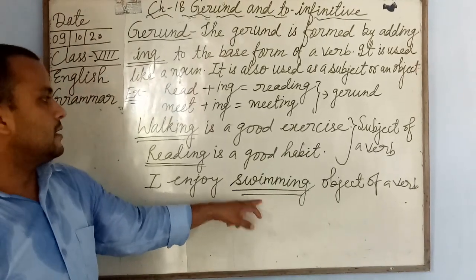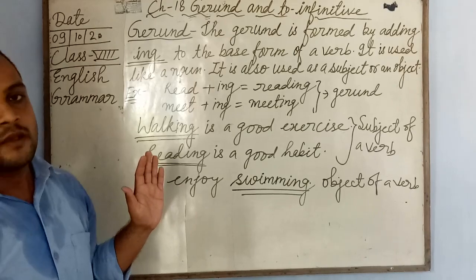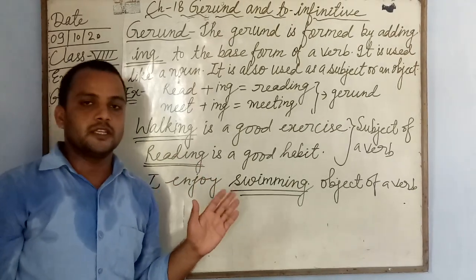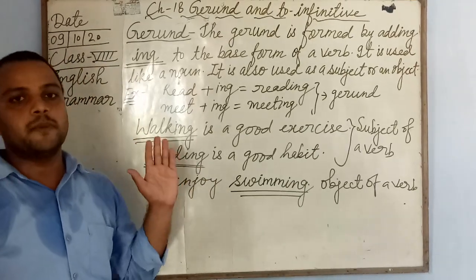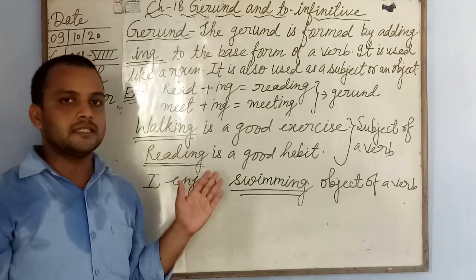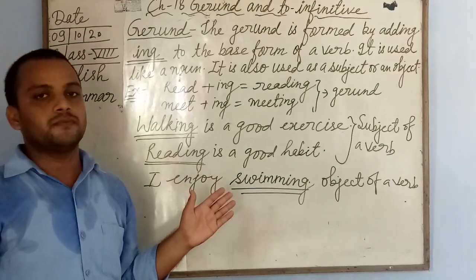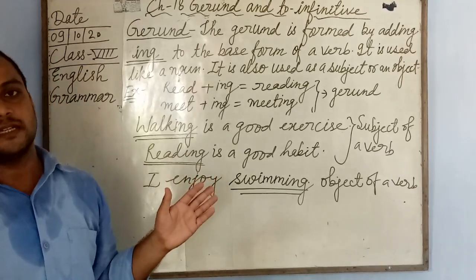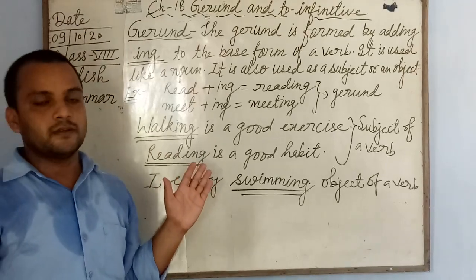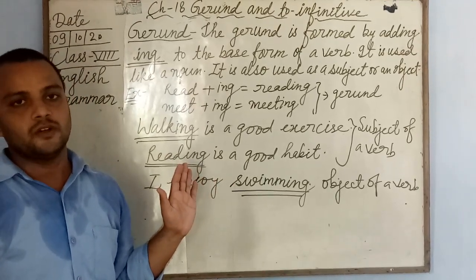Once more I am telling you that when we add ing with the base form of the verb and that ing form of the verb is used either in place of subject or in place of object and it is working as a noun, then it will be the gerund.